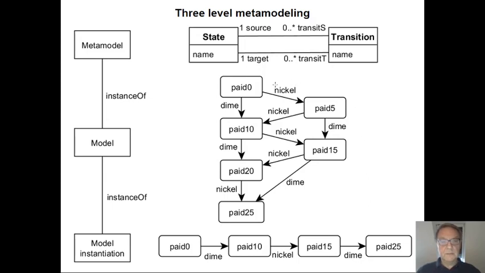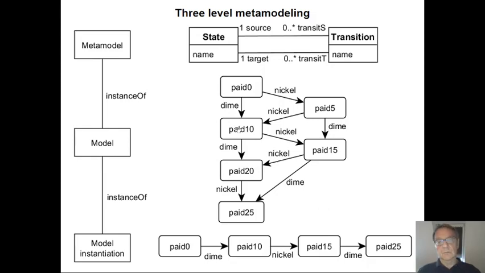In the US, you have the coins nickel and the dime. The nickel is worth 5 cents, the dime is worth 10 cents. And what is represented in this state machine is the general process of paying 25 cents with nickel coins and with dime coins.